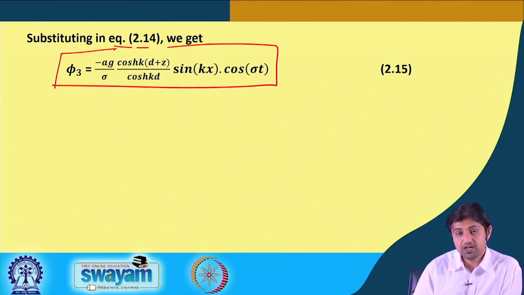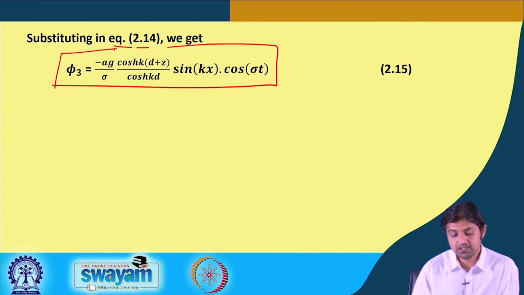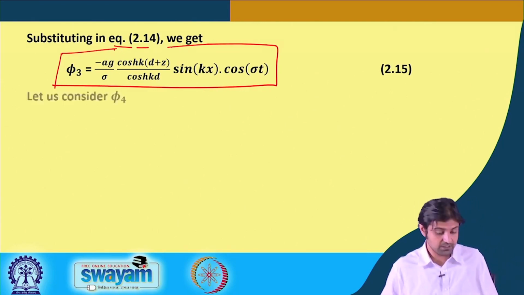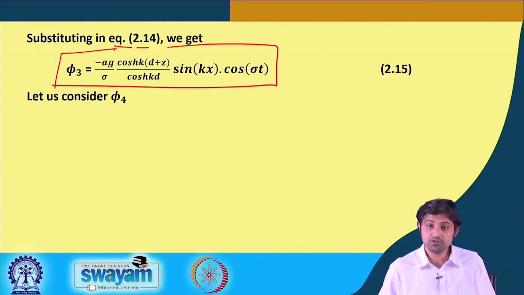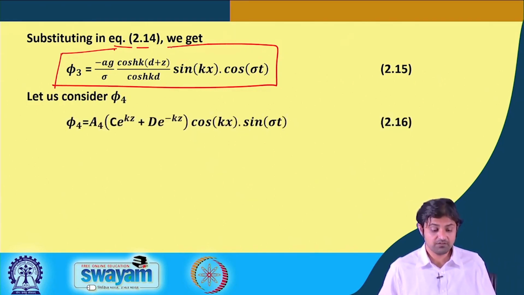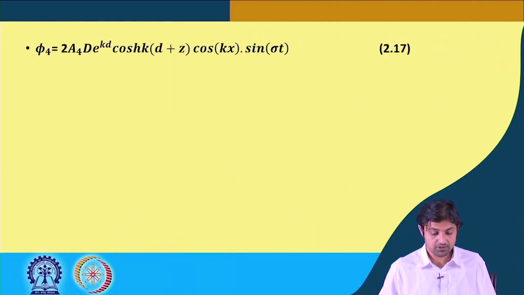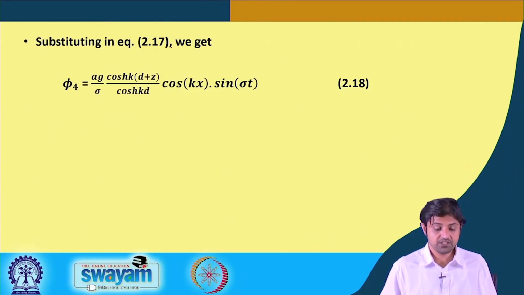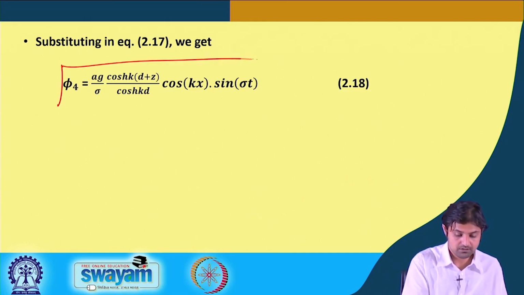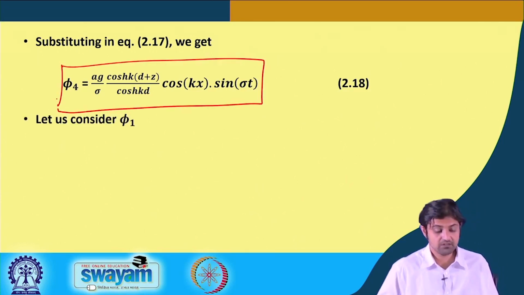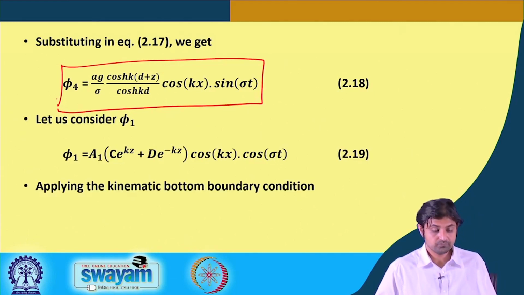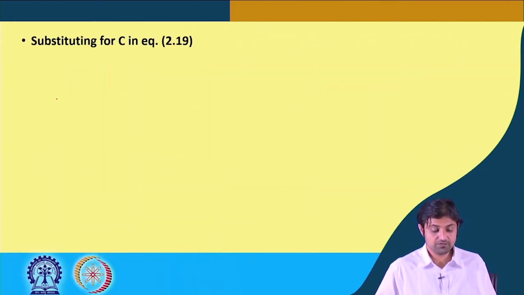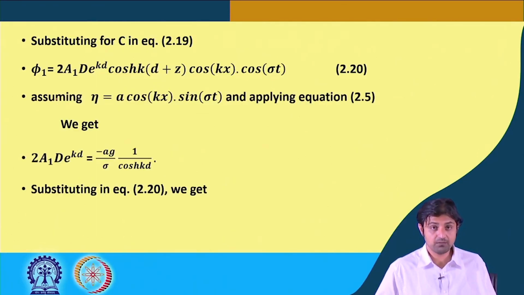So, phi 3 we get minus A g by sigma cos h k (d plus z), and the same procedure we do for phi 4 for obtaining the values, and phi 4 is A g by sigma, a similar result we get. And we repeat the same procedure again for phi 1, applying the kinematic bottom boundary condition first and then applying the dynamic. I am skipping because it is essentially the same process.